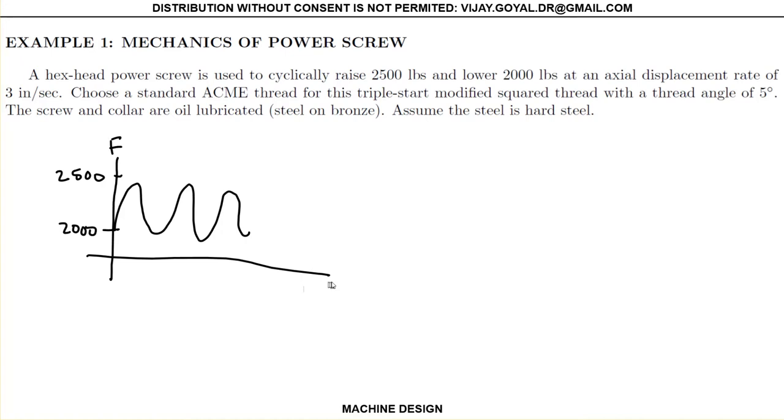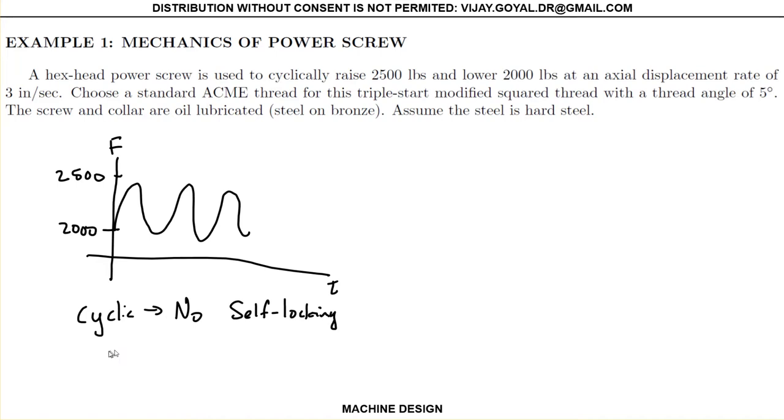Okay, and this is as we go with time. When this is happening, you don't want this to lock at any moment. You want this to be completely going up and down. So one thing that we can say is in cycling mode, we want no self-locking.